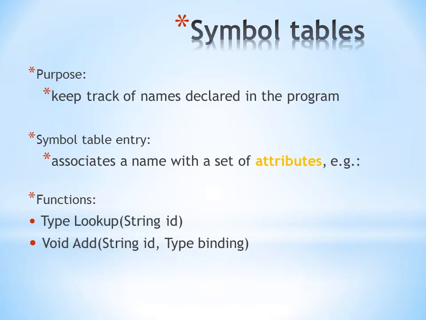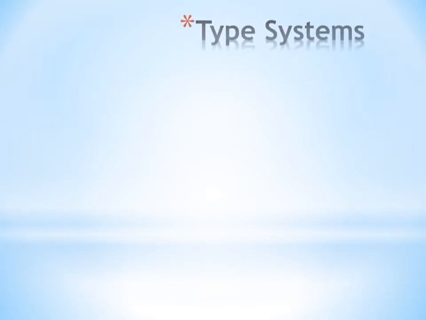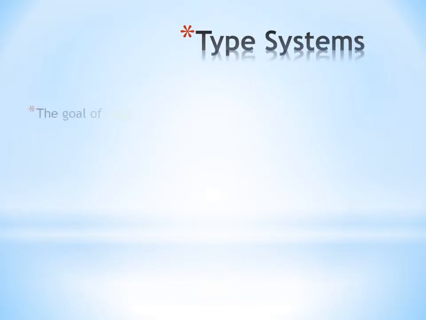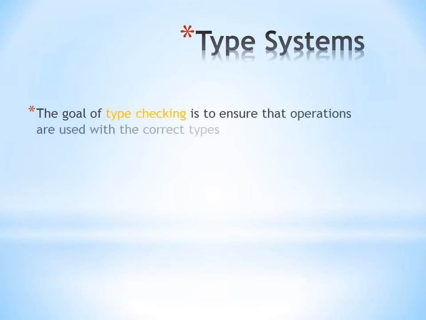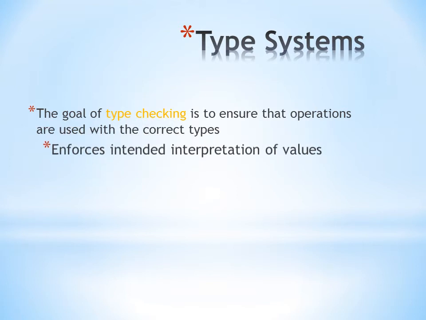Symbol tables include functions. The goal of type checking is to ensure that operations are used with the correct types. This enforces intended interpretation of values.